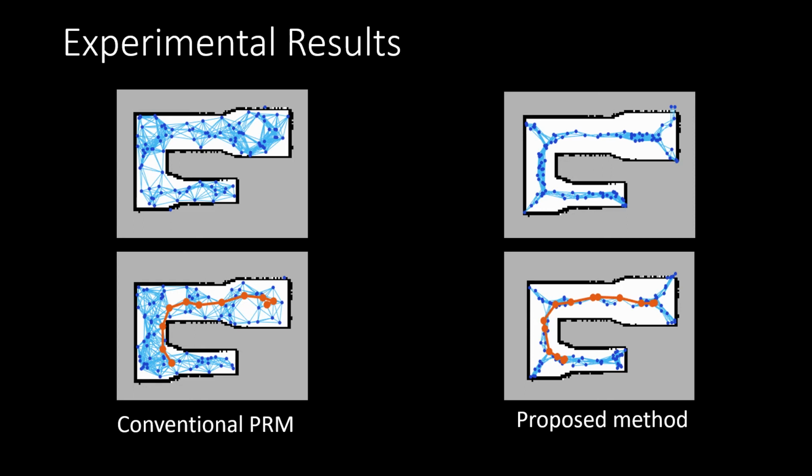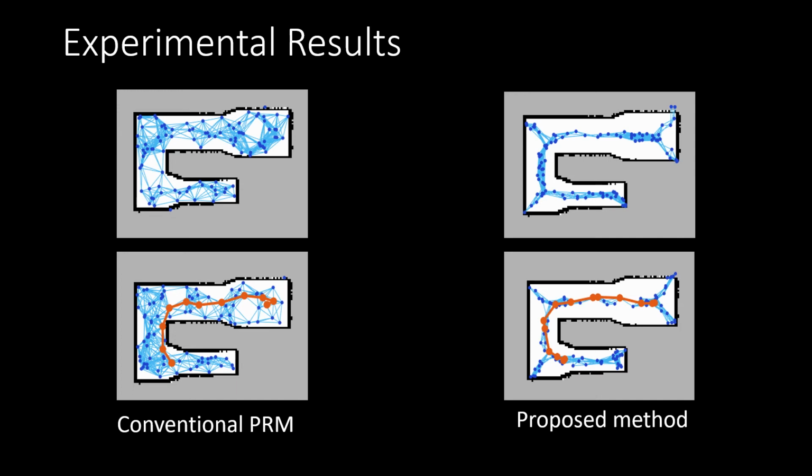On the left side, as you can see, is the conventional PRM, and on the right side is our proposed method. As you can see from the conventional PRM result, the generated roadmap is not constrained by the inflated medial axis.